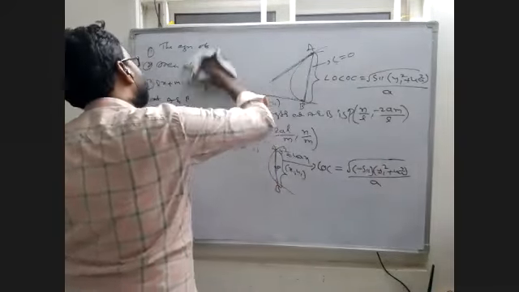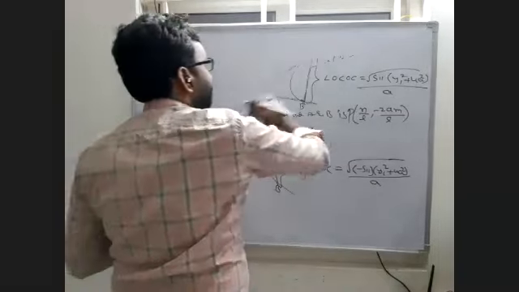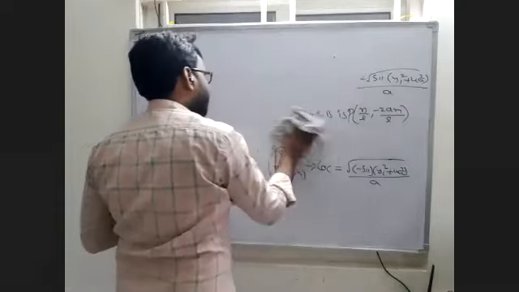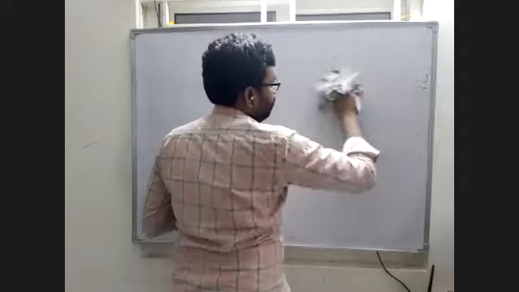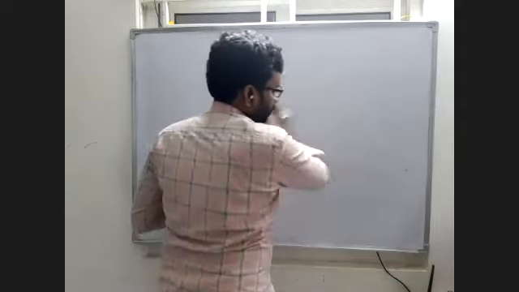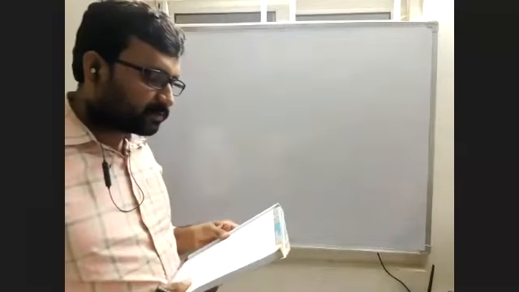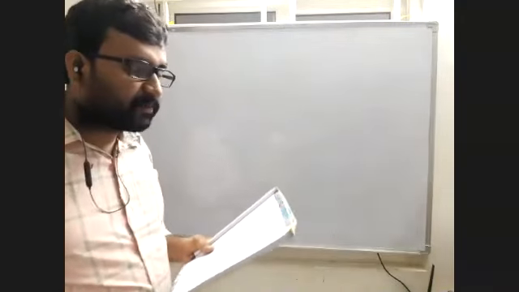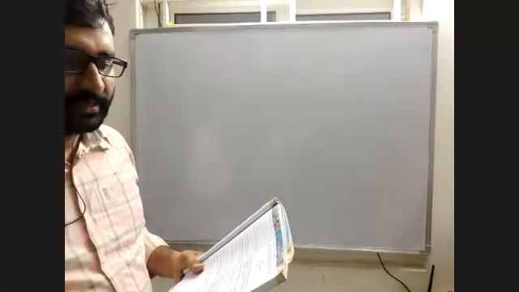Next, diameter of a parabola. For a parabola also we have a diameter. What is a diameter? How can we find the diameter? The locus of middle points of the system of parallel chords of a parabola is called a diameter.